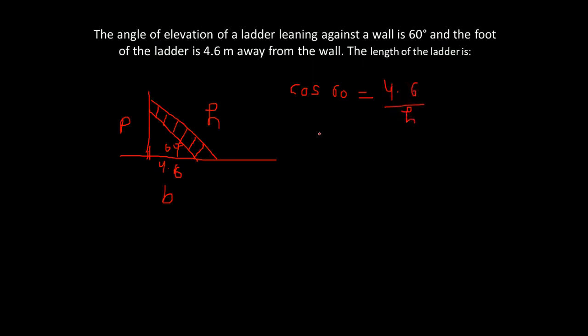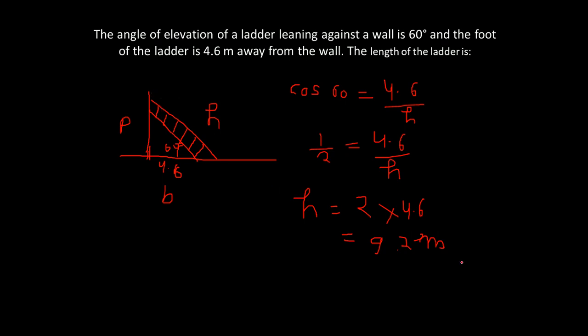Cos of 60 is 1 by 2, so 1 by 2 will be 4.6 by hypotenuse. If we cross multiply, hypotenuse will be 2 into 4.6, so this will be 9.2. So the length of your ladder is 9.2 meter.